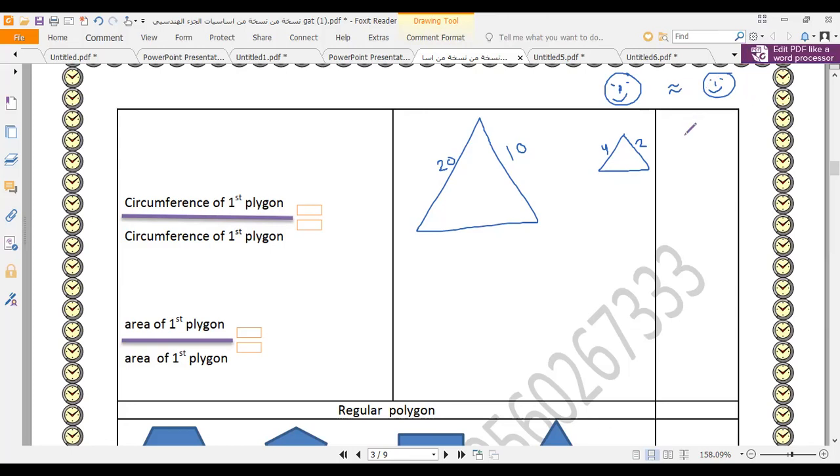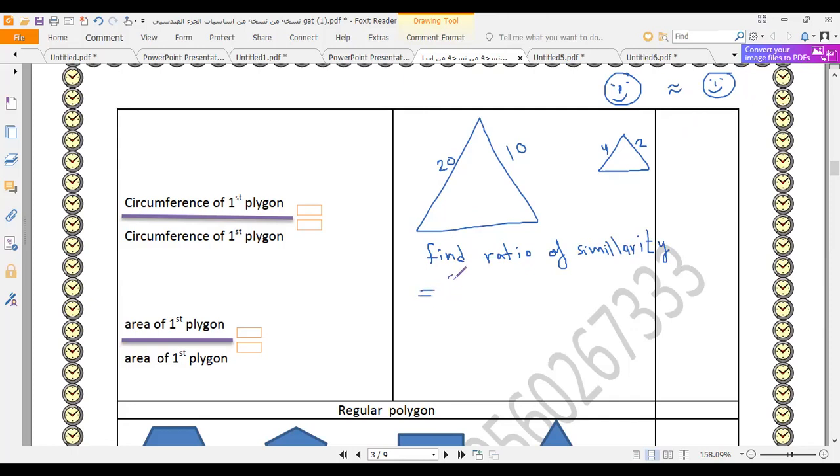So now here we can find what is called the ratio of similarity. Find the ratio of similarity.